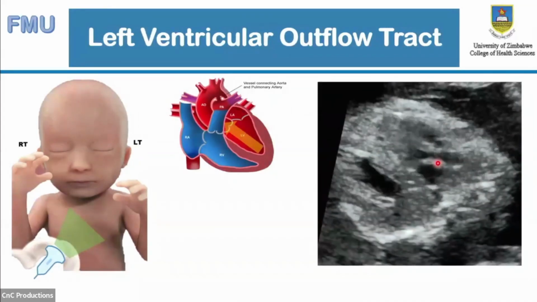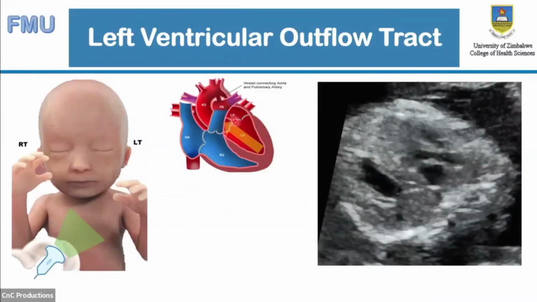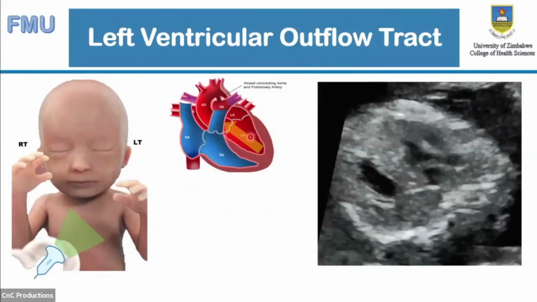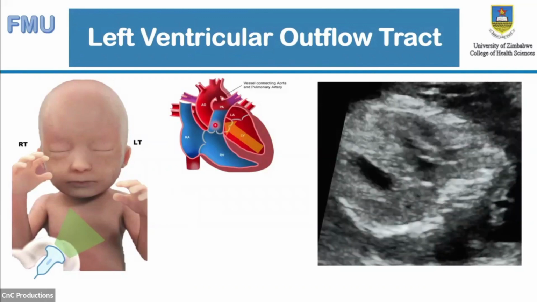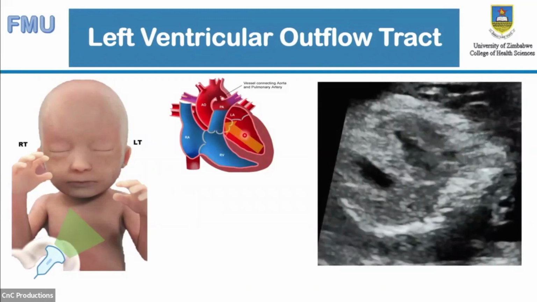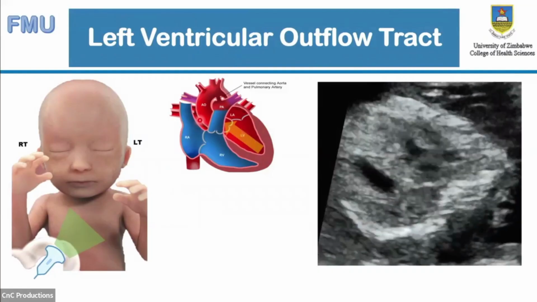So for the left ventricular outflow tract, on this image, you are assessing this ventricle, and you are assessing the aorta, which is originating from the left ventricle. There are some pathologies whereby the aorta does not originate from the left ventricle.